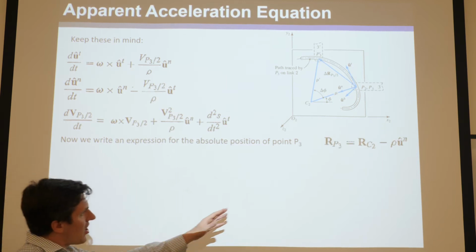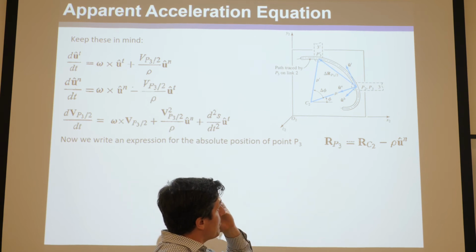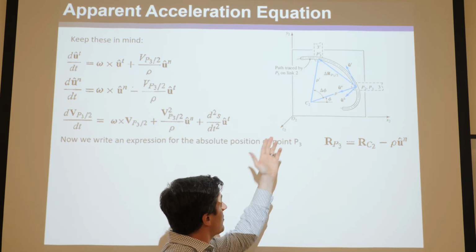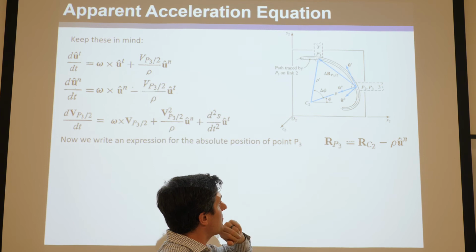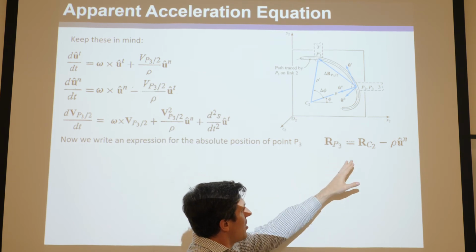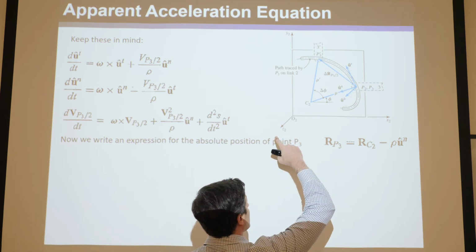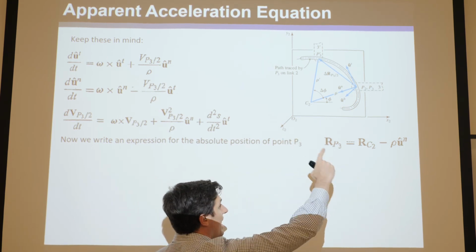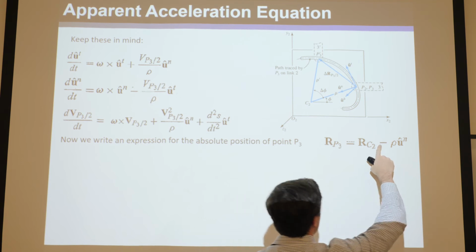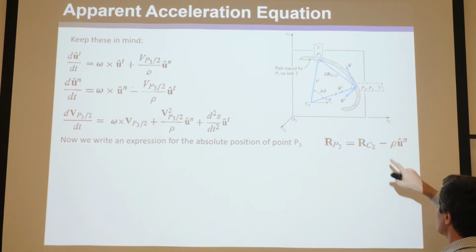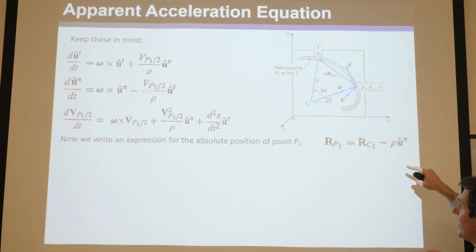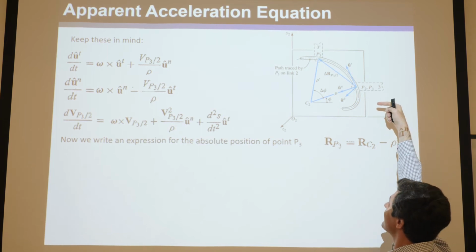Okay, so RP3 points from the global coordinate system to P3. And that is RC2, a vector that points to C2, plus negative rho UN, right? Because remember, UN points this way.